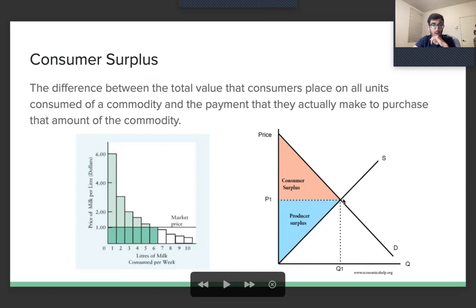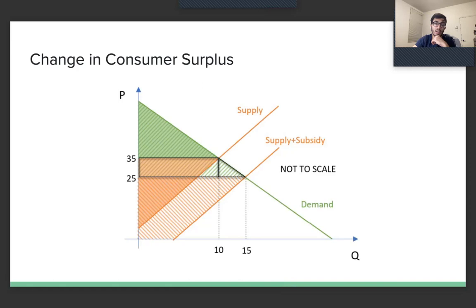Okay, let's go ahead and see how you might get a question in the exam where they ask what's the change in consumer surplus. So let's say the initial supply and demand were these initial curves without the subsidy. So they intersect at the point 35.